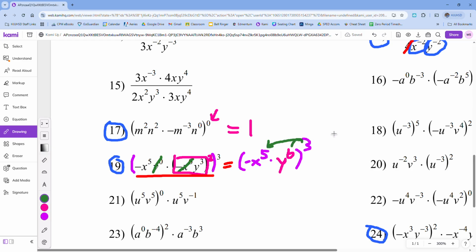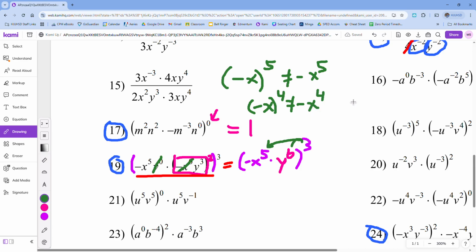Please note that it's an odd exponent, and it wouldn't matter anyway because this is not negative x to the 5th. This is not the same thing. Well, in some ways it is. Negative x to the 5th. So it actually is the same thing for us, but not in terms of its presentation, because if it was something like negative x to the 4th, then that would not equal negative x to the 4th.